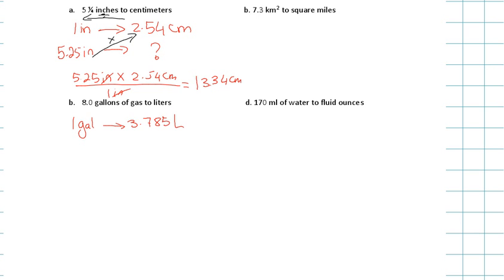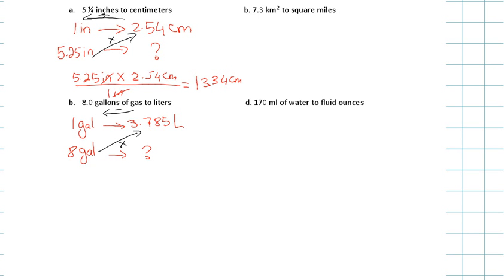Now I know I have 8 gallons. Where would I put that? Under the gallons, so you always have to line them up. You don't know what it is equal to, so this is X. Cross multiply and divide by 1.